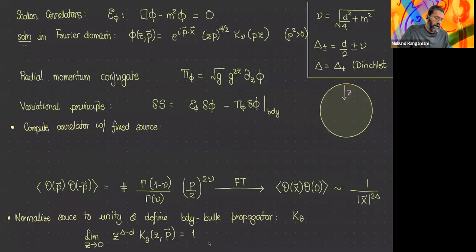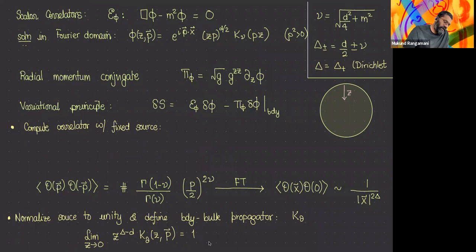Now, for the scalar field, if I want to get the correct variational principle, then I get the equation of motion as long as I freeze phi on the boundary. Okay.